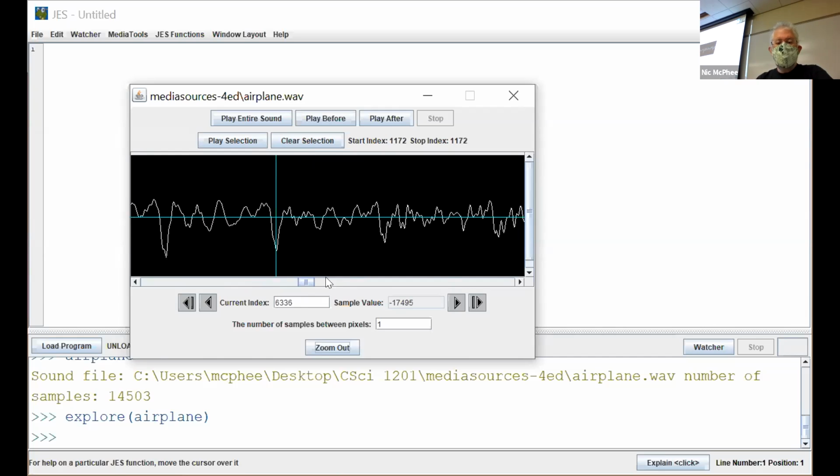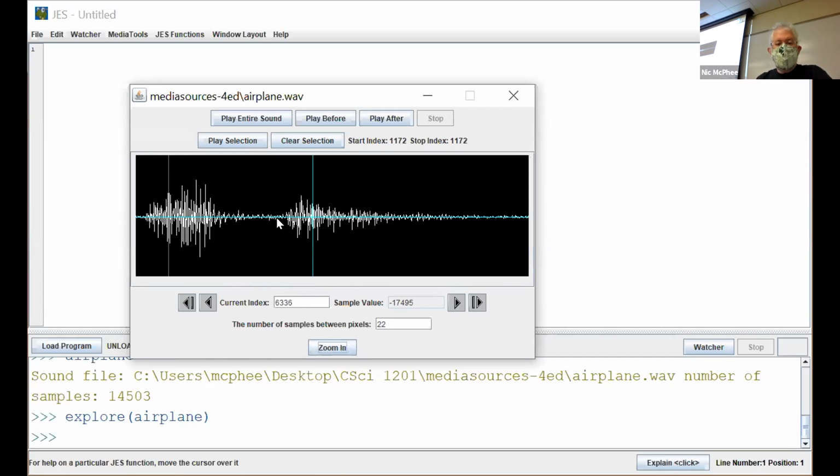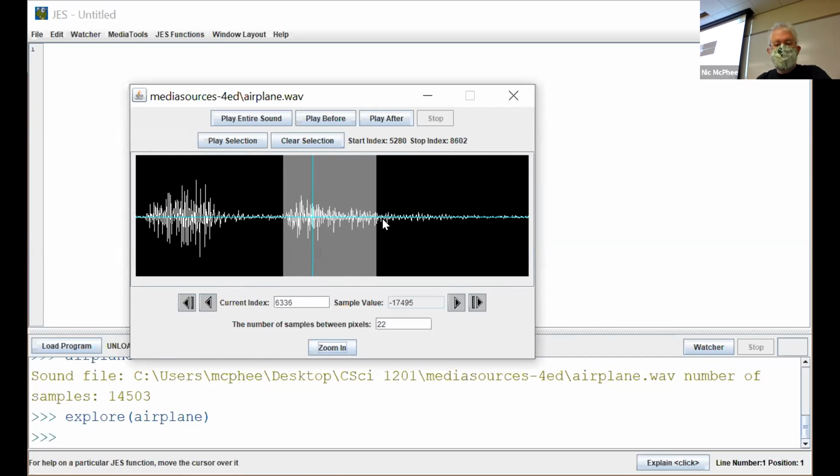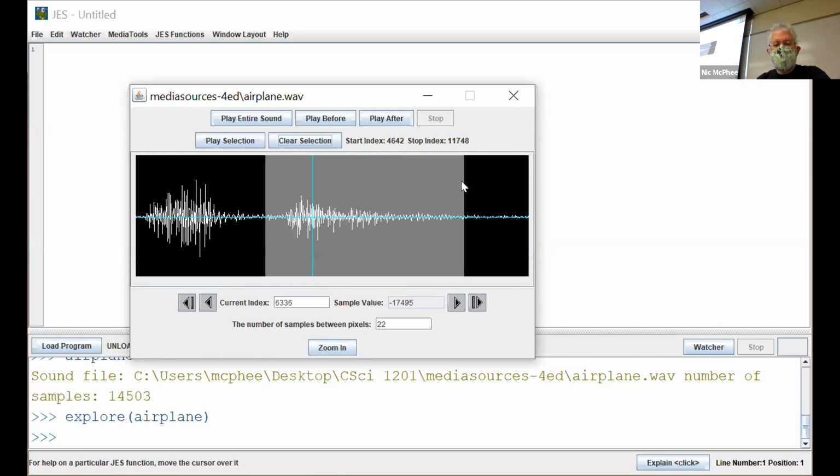And we can play the selection. So if we wanted to just select this part, this is sort of saying playing, right? It might be clearer if I come out a little farther. In the same way that we can extract a piece out of an image, we can use this to extract pieces out of sound.